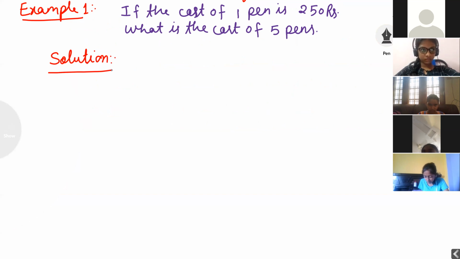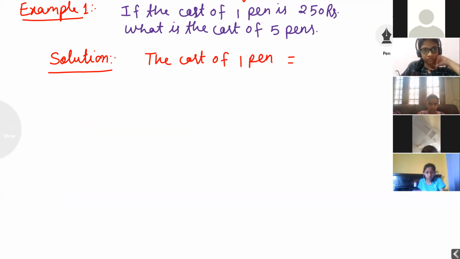The cost of 1 pen is equal to rupees 250.